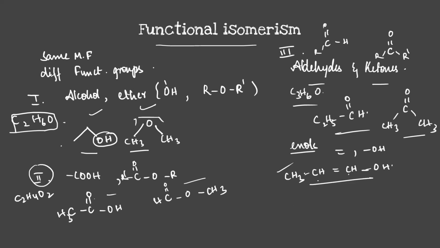And there is another example of functional isomerism. There are many functional isomers possible because there are a number of functional groups, so we have to discuss very few of them. So we have cyanides and isocyanides.